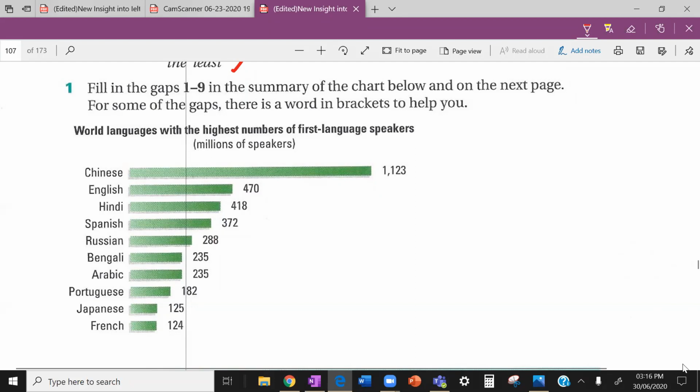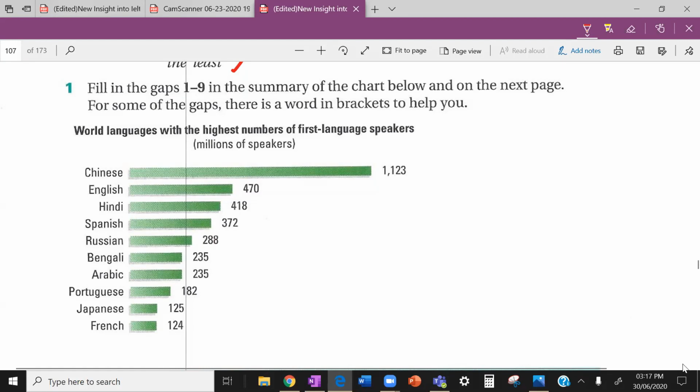Now can we have one or two sentences about what information is provided in this chart? The languages are Chinese, English, Hindi, Spanish, Russian, Bengali, Arabic, Portuguese, Japanese, French. Chinese is at the top, French is at the bottom.